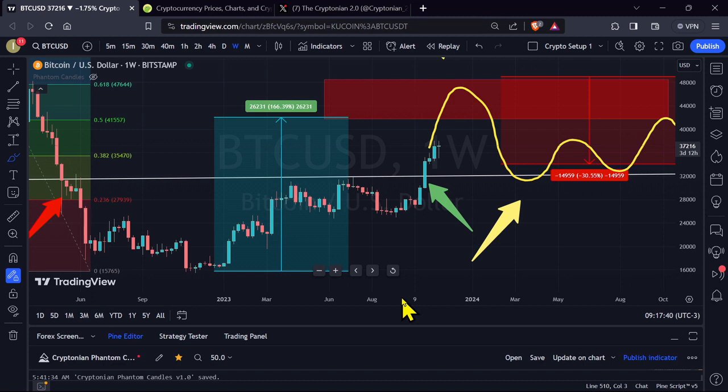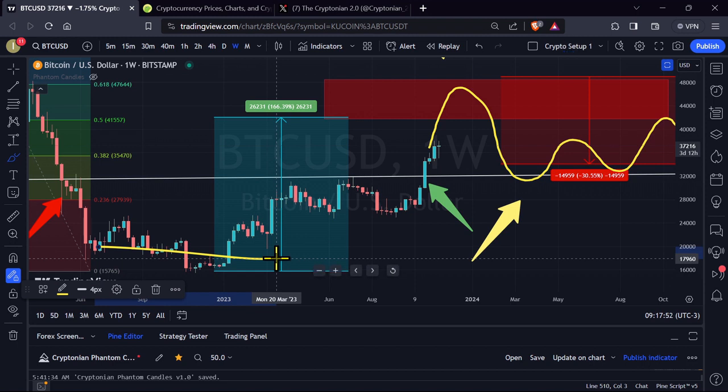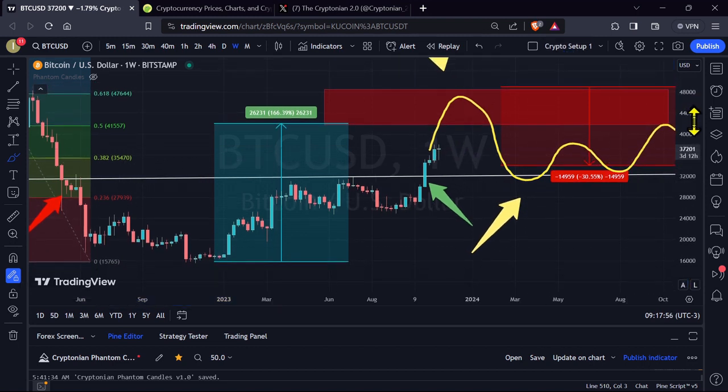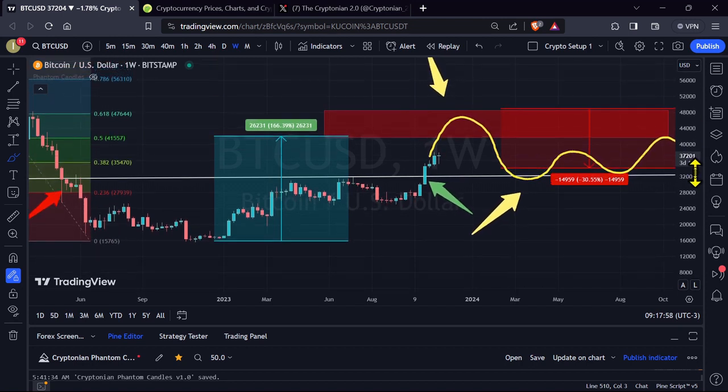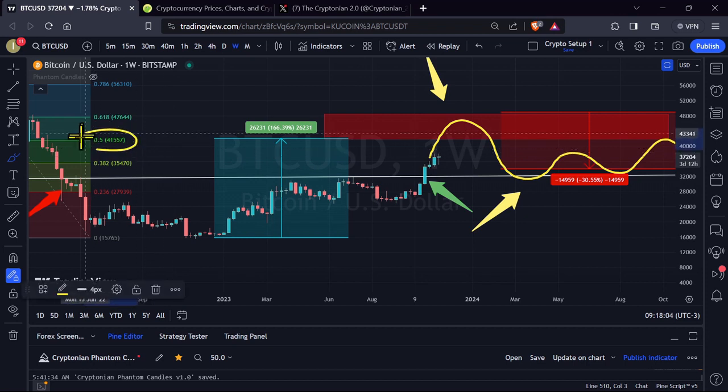However, there are some similarities, and the similarities are just what I'm showing you here. We have a breakdown below this white line, and then we have a break above the white line, and between that is the bottom. And then once we break above that white line, normally what happens is we go right up into the Fibonacci 0.5 to 0.618 level.